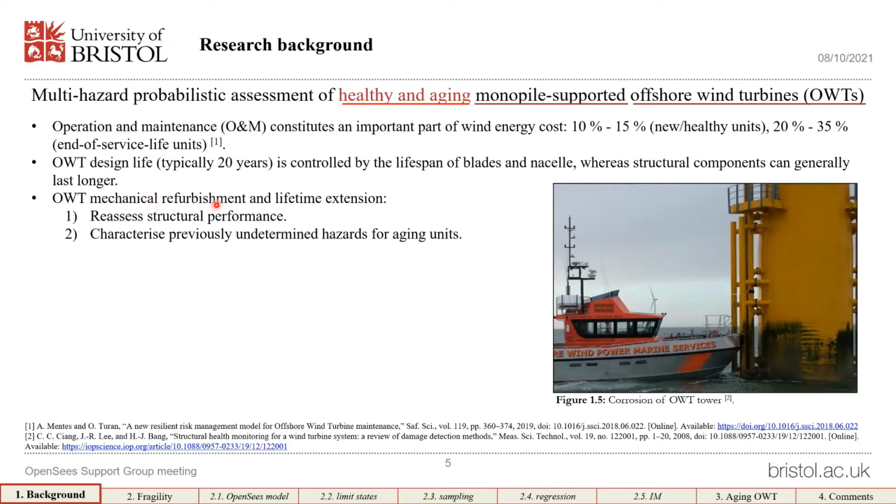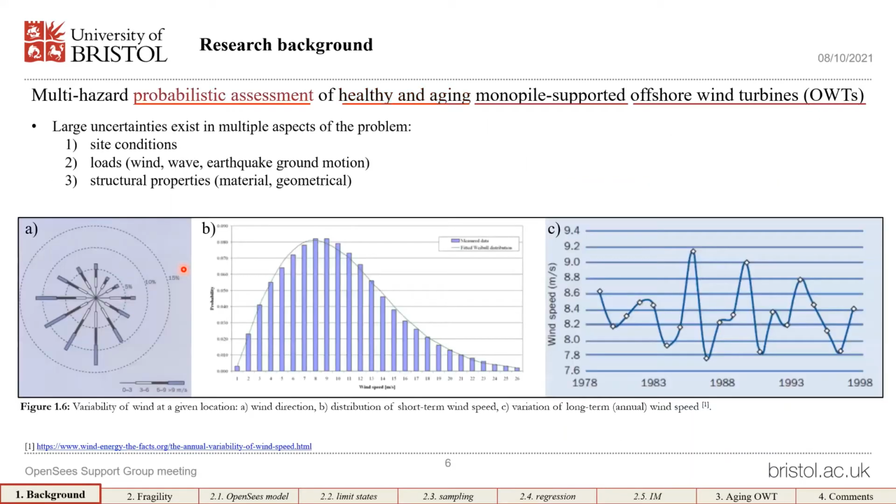Given this, the key questions are how to reassess structural performance and how to characterize previously undetermined hazards for these aging units. That leads us to the fourth keyword, which is probabilistic assessment.